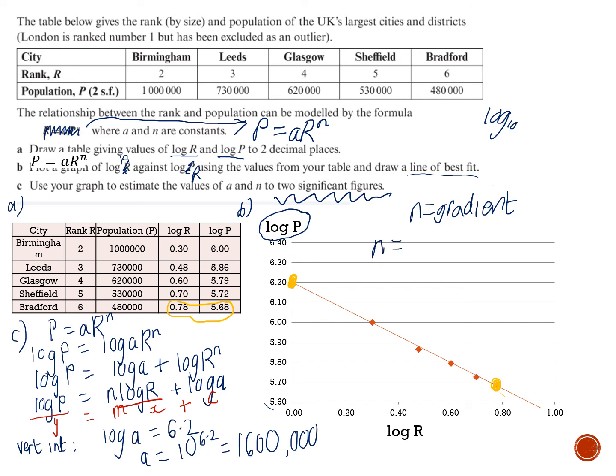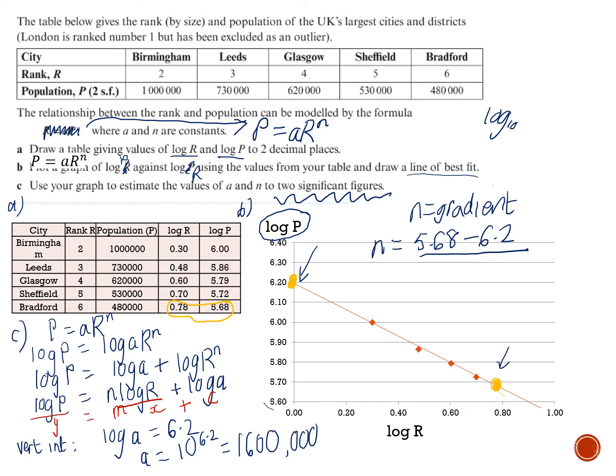Change in y. All right, we know it's going to be negative. Change in y. Well, the vertical value for this one is 5.68 minus the vertical value for this one, 6.2. So that's my change in y over change in x.